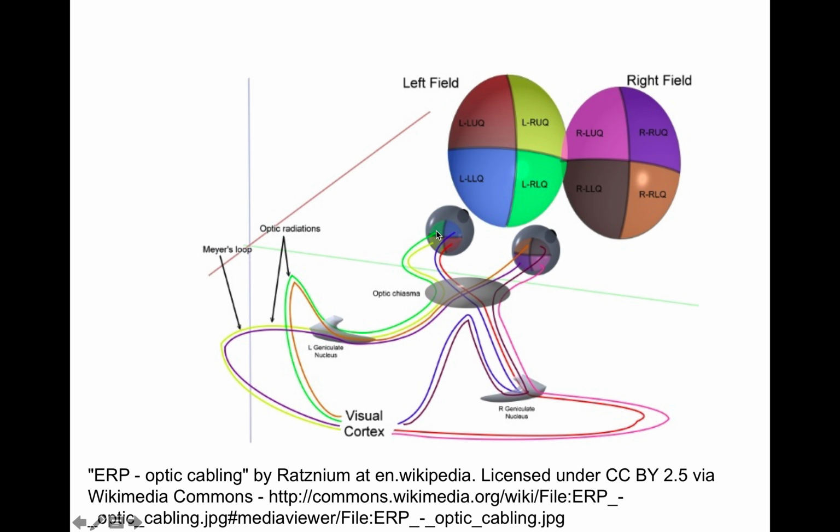And then that in turn gets carried back, along by retinal ganglion cells, back to the lateral geniculate nucleus, synapses, and then feeds back to optic radiations, in this case, to the visual cortex. And so damage at this particular point would cause damage to this quadrant here. And so that's a representation of what we're seeing there.